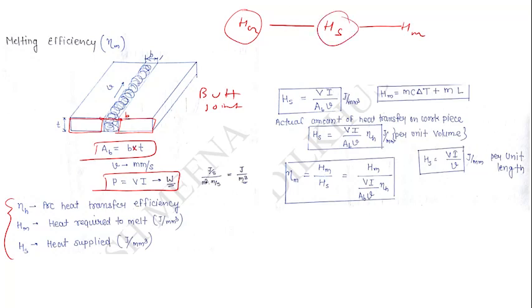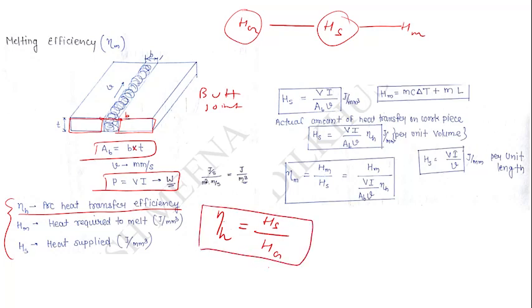So there is one thing called heat transfer efficiency. It will tell you how much heat is supplied after the generation. Suppose some amount of heat is generated and some amount of heat will be supplied, not all. So that will depend on your heat transfer efficiency.